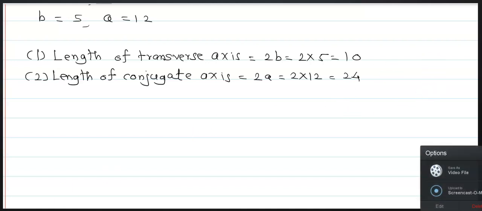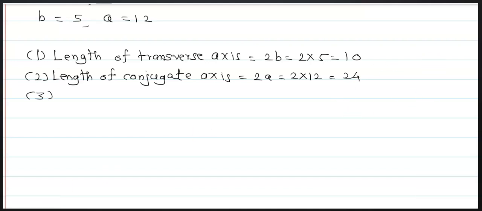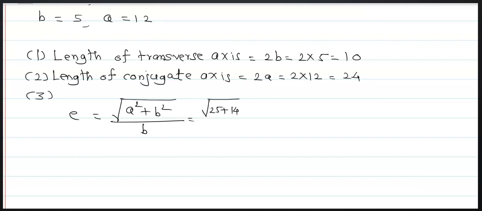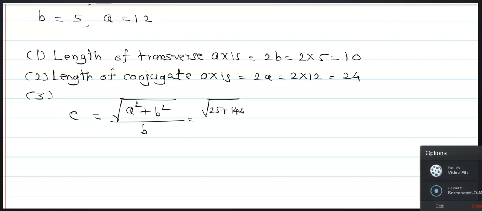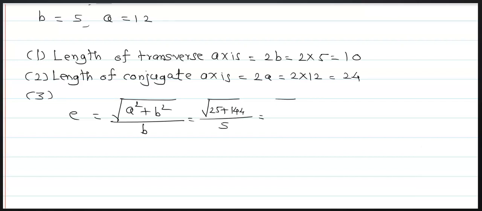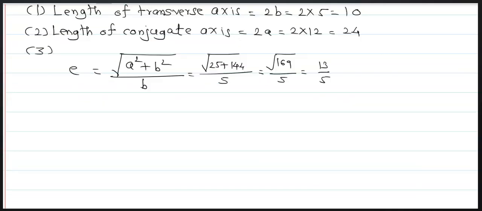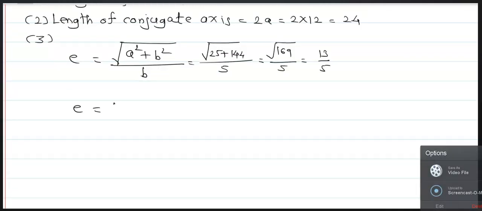Next is e is equal to root of a square plus b square upon b, that is root of 25 plus 144 upon 5, that is root of 169 upon 5, 13 upon 5. This is the value of e.